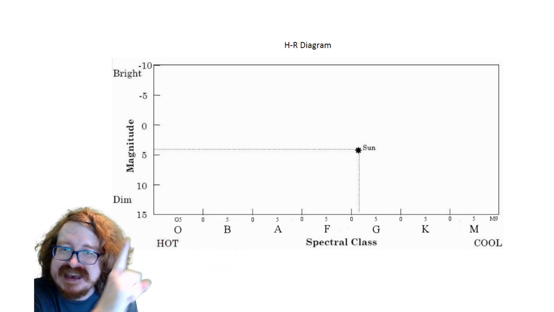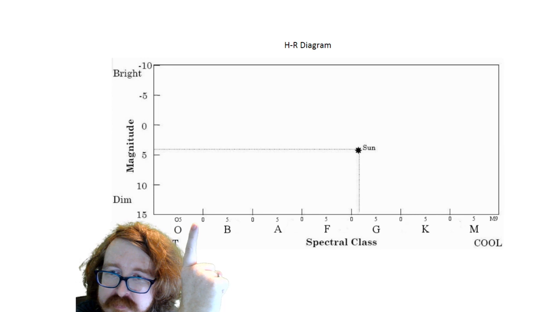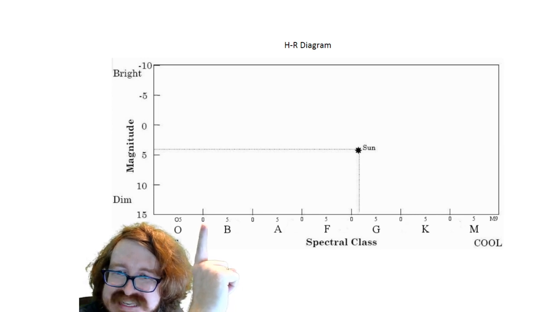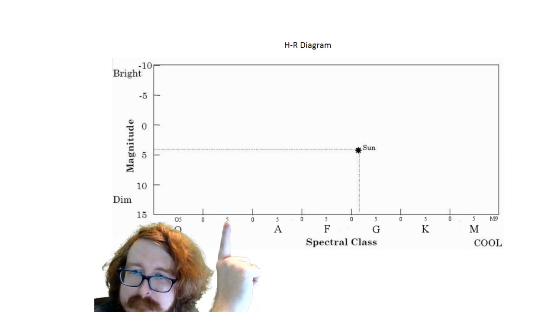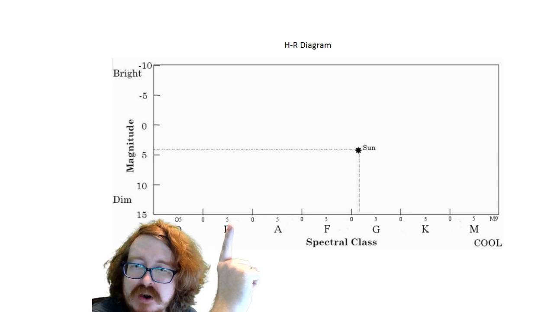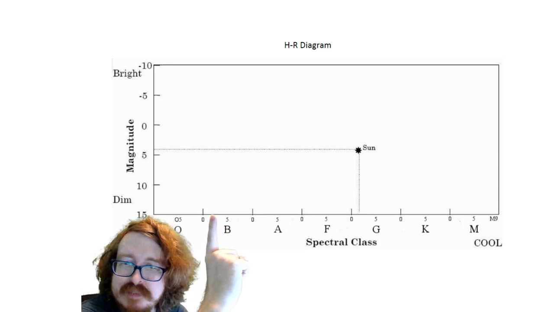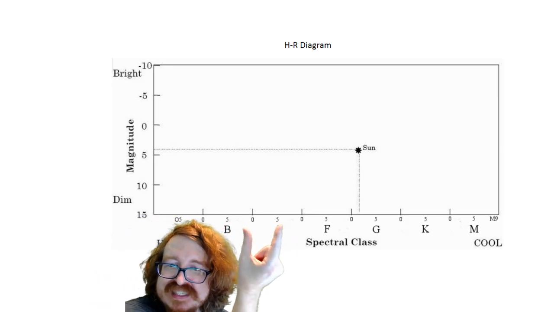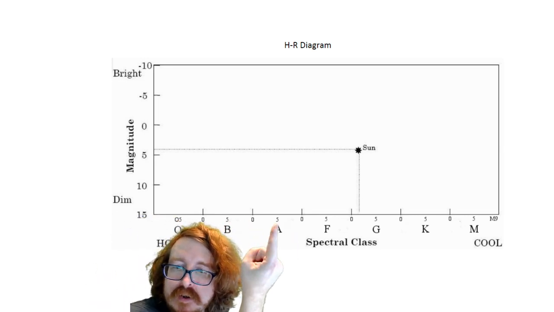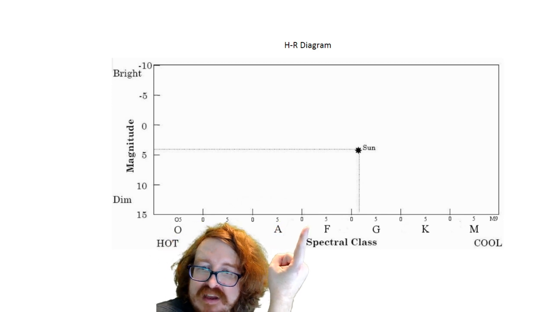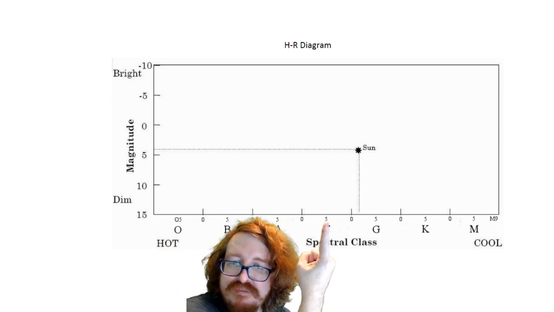So this is an O5. This is a B0, B5. So if you had a star that was a B2, you would place it between the B0 and the B5. This is an A0 and an A5, F0, F5.